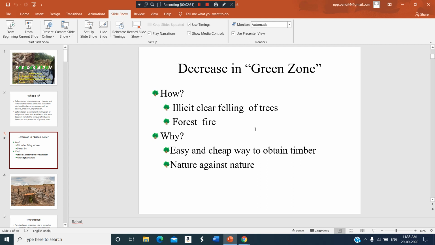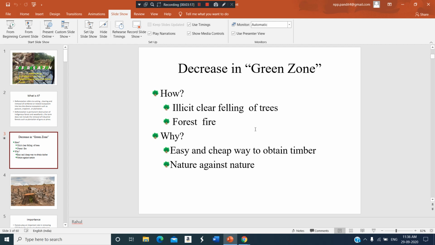Deforestation can happen by a number of means. One may be clear felling of the trees by cutting them. Of course, in the modern world we have more sophisticated equipment so that within no time we are able to cut the entire forest. Or sometimes you might have heard of forest fires. In Kannada you call it kaalgichchu, and this can also lead to deforestation.